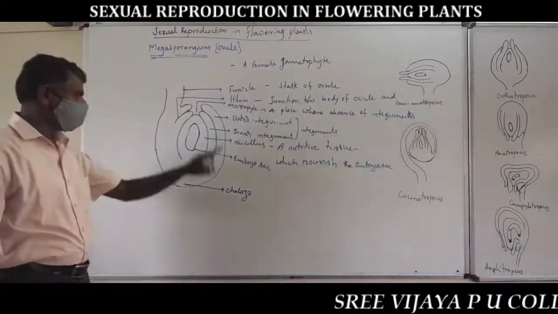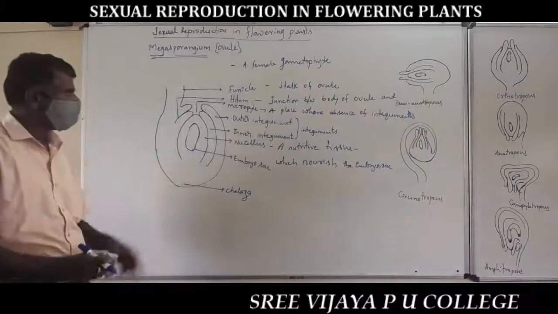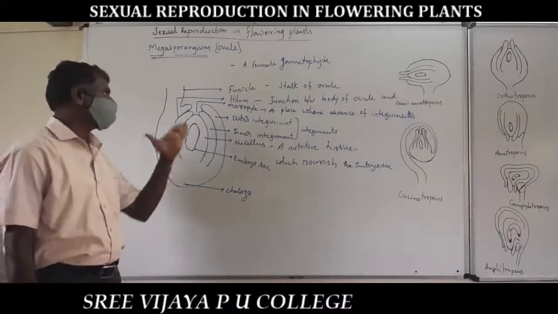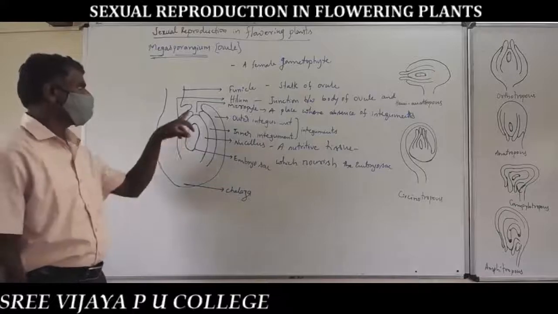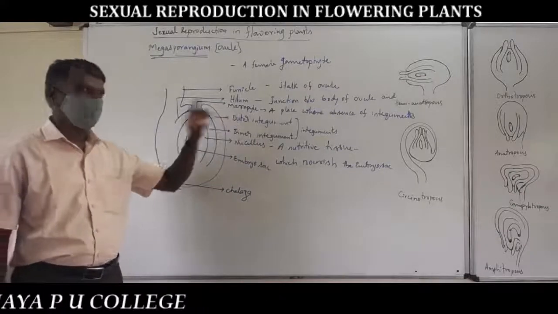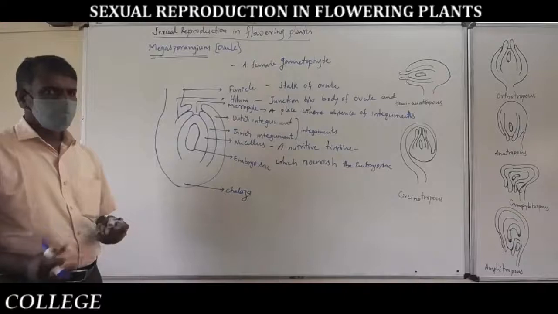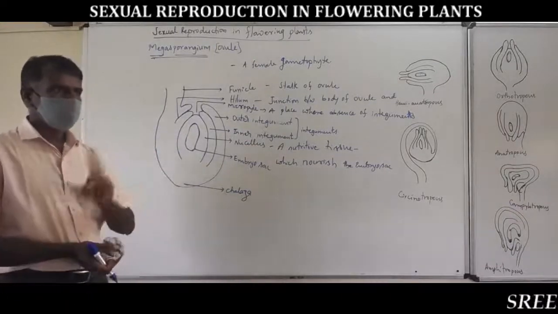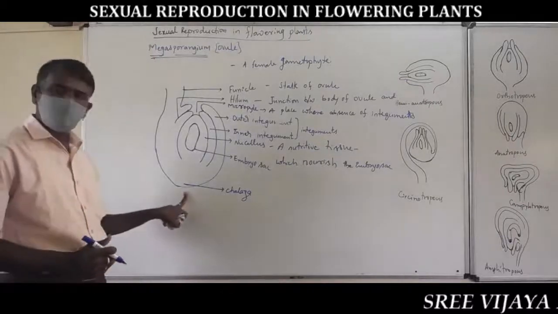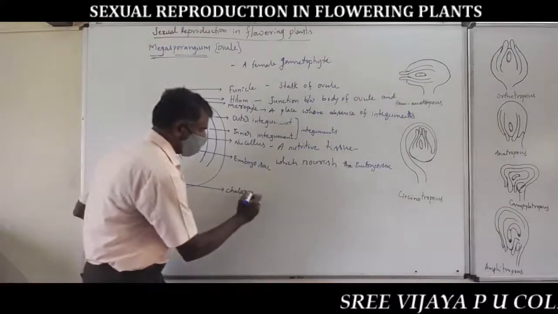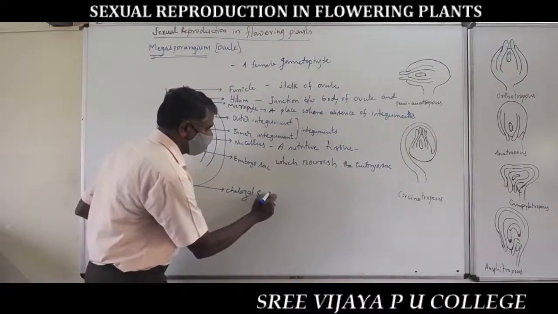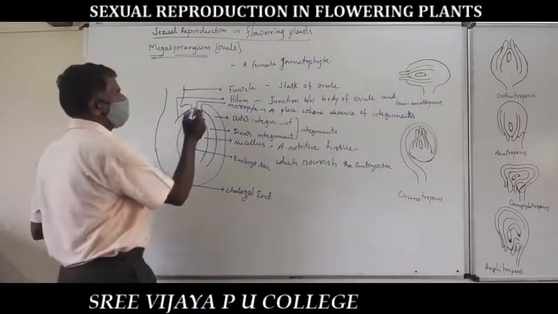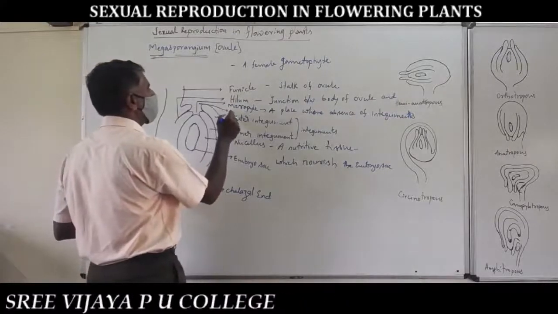The body of the ovule is covered with integuments, but where the integuments are absent, not covered completely, there is a space. That space is what we call micropyle. So the ovule consists of 2 ends. The end towards the chalaza is called the chalazal end. The end towards the micropyle is the micropylar end.